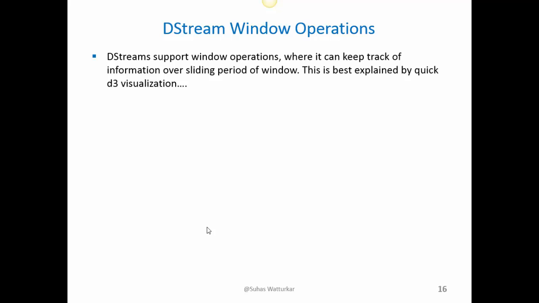You can collect a number of batches to form a window, and that window can be sliding as well, so that you can get some kind of sliding moving averages. This is best explained by visualization, so let me quickly switch my view to the visualization that I created.